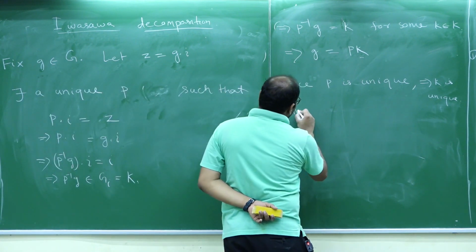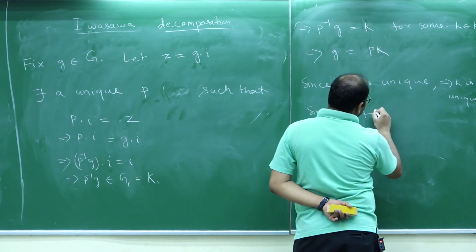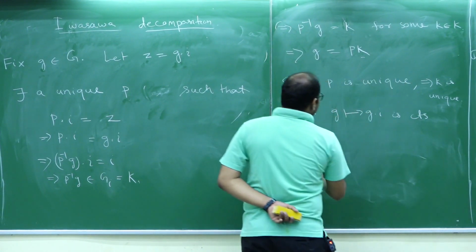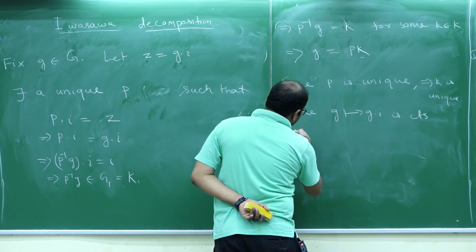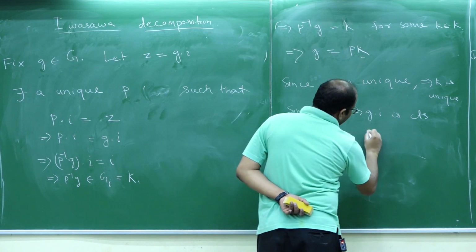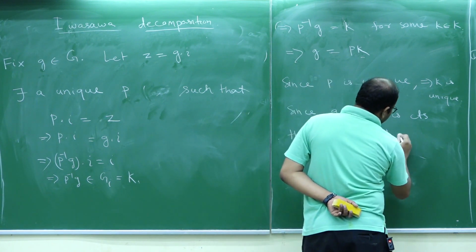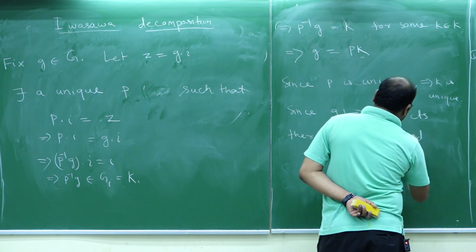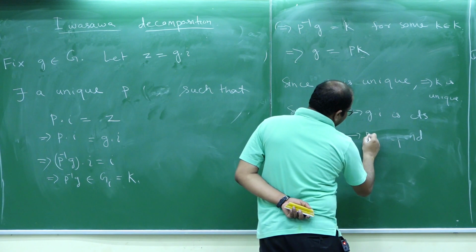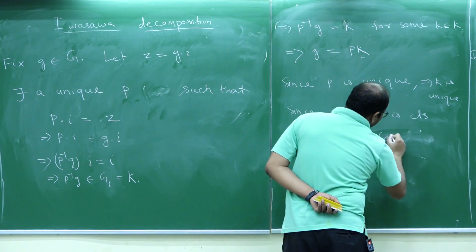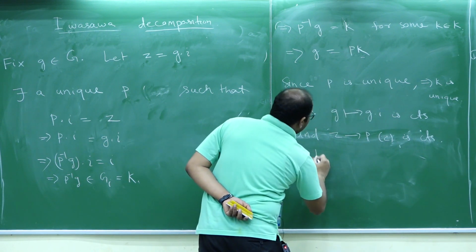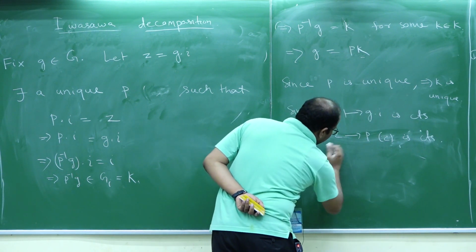Since g going to g dot i is continuous, therefore p depends continuously, and that is right. So this implies p continuously depends on g.